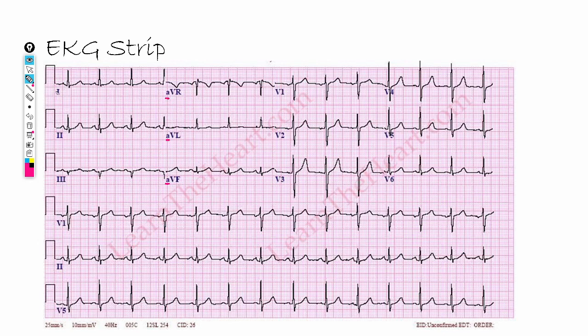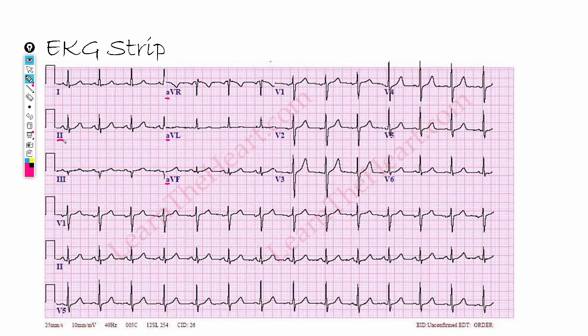The limb leads are basic. The 1, 2, 3 ones are attached on your limbs, as usual. And V1 to V6 are known as precordial leads, and they're placed on the torso. They view activity across the heart.